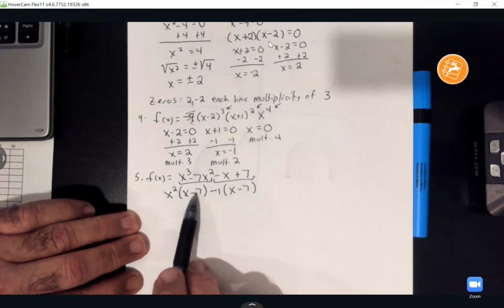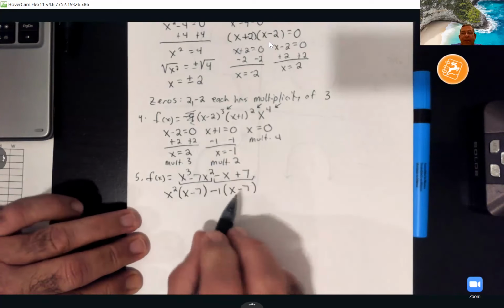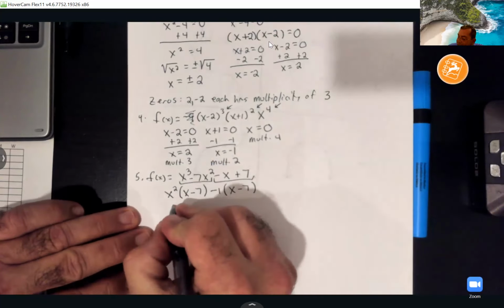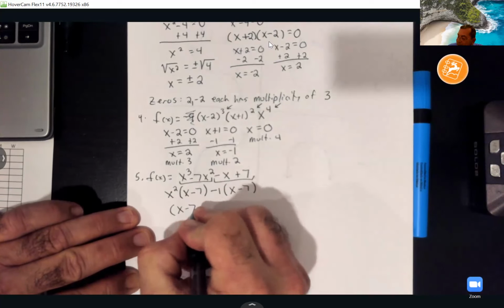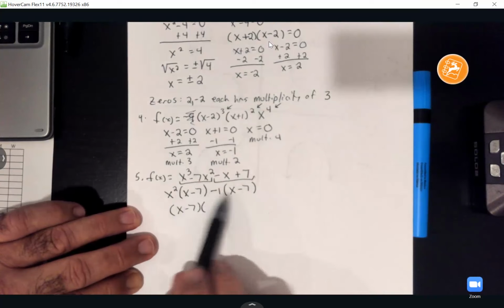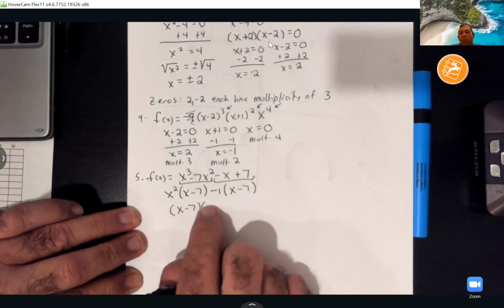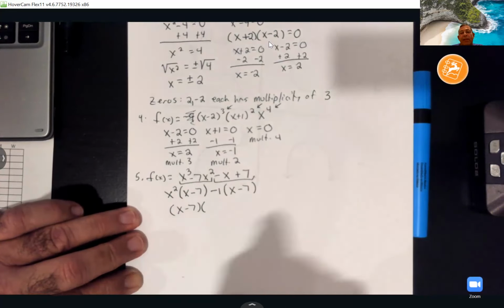At this point the parentheses have to match up. Since the parentheses match up, we're going to factor that out as the x minus 7. So think about this, y'all. If both of these have an x minus 7, and we factor that out as a GCF, what would be left to go in my second parentheses?